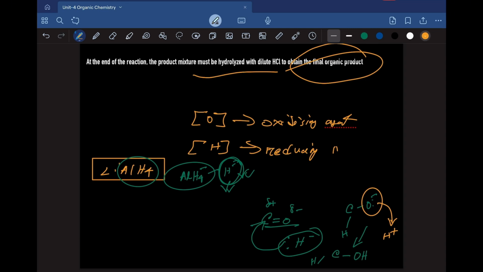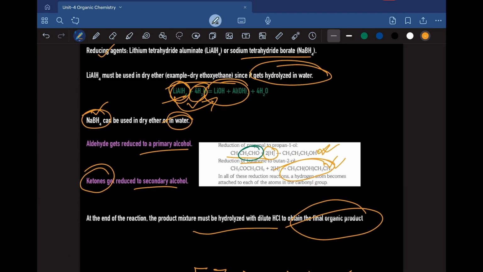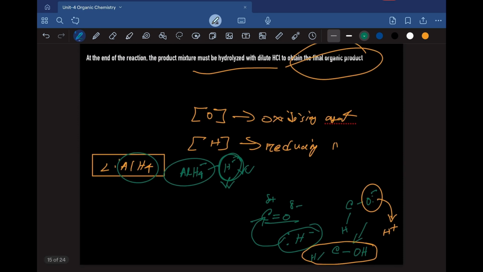So this is the structure that they will form. Here you can see this carbon was bonded with hydrogen as well as this OH, and this carbon was also bonded with hydrogen as well as this OH. So this is how the mechanism works.